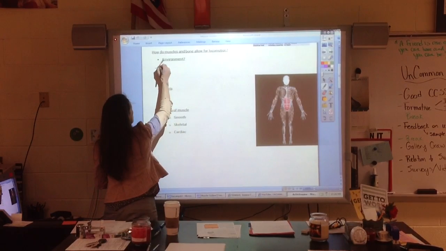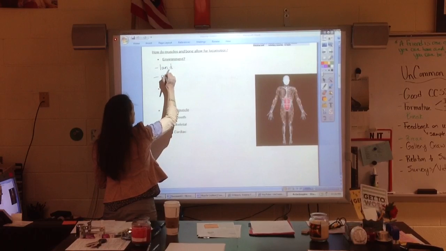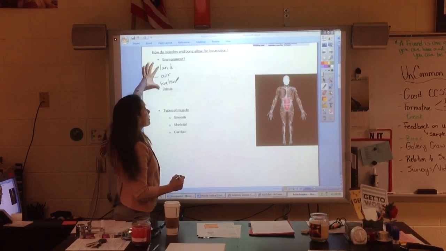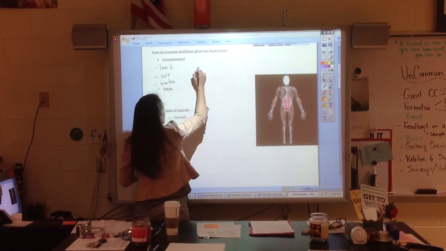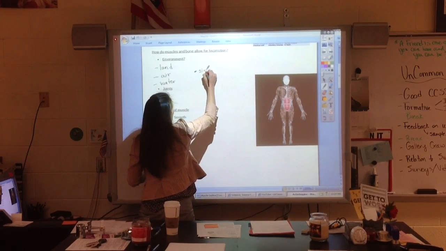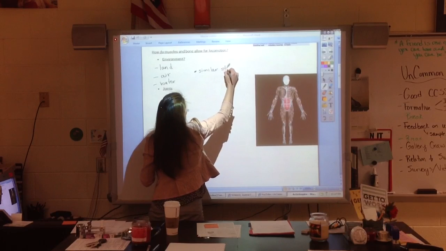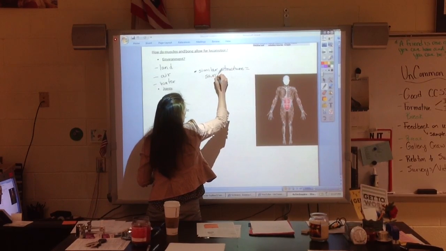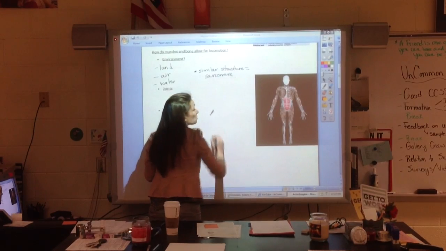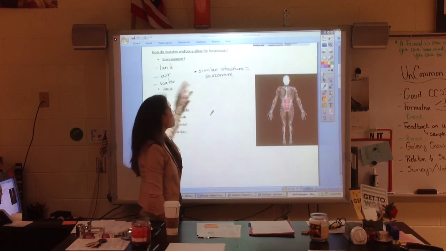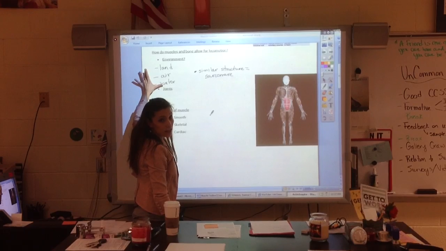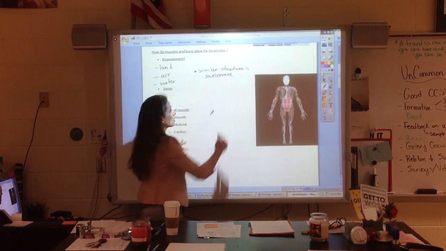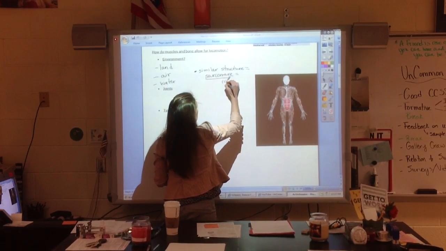So we do see the ability to move on land, in air, and in water. And even though the environments are different, we do actually see a similar structure. All muscles are going to have a similar structure, which is called a sarcomere. This leads us to believe that the sarcomere evolved before animals diverged into these different habitats, so the sarcomere is really conserved.